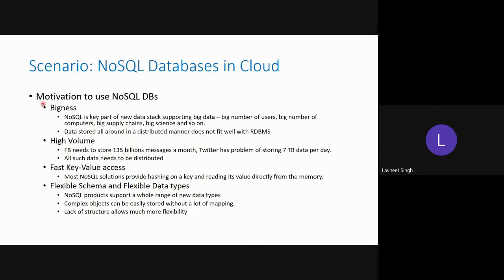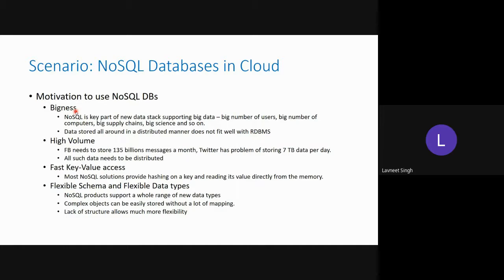Okay. So what was the motivation for NoSQL databases? Bigness. Okay. So the advent of cloud led to availability of applications throughout the world, right?